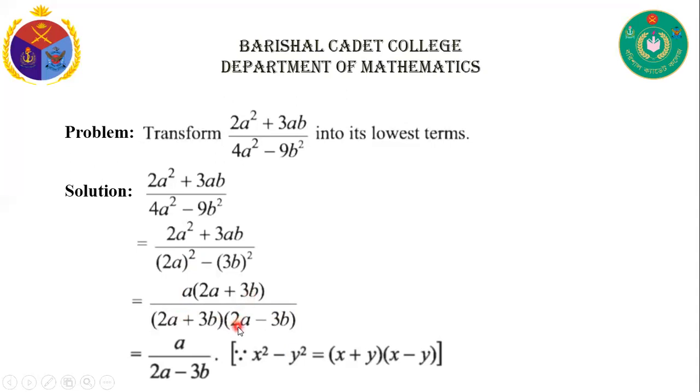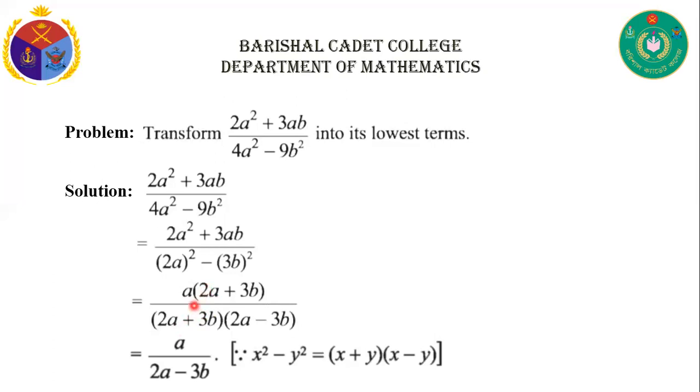Then we find the common factor. What is common? 2a plus 3b in the numerator and 2a plus 3b in the denominator. So 2a plus 3b is common, so we can eliminate 2a plus 3b from both denominator and numerator.